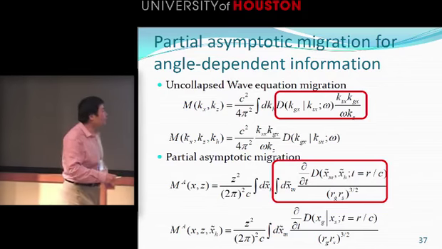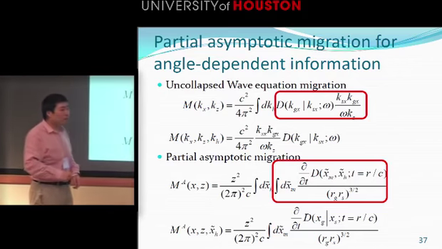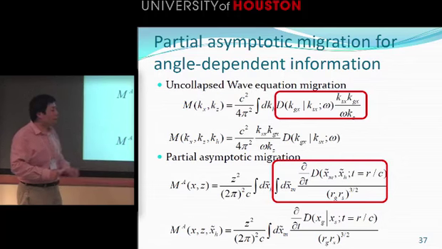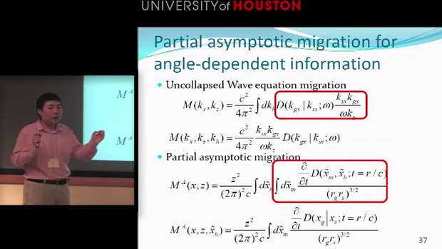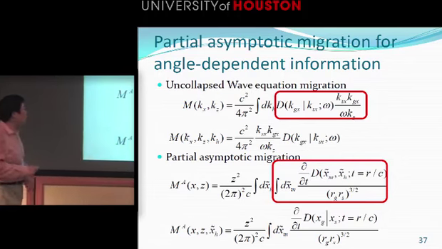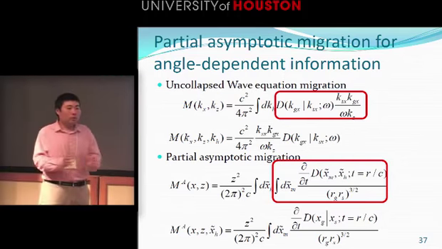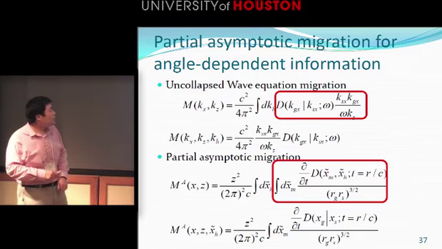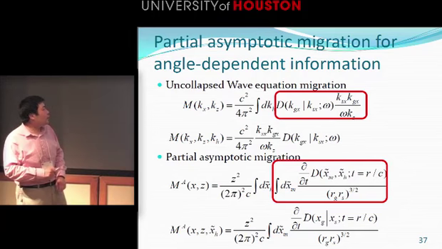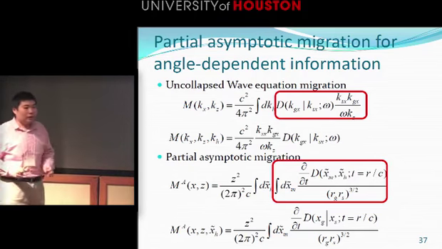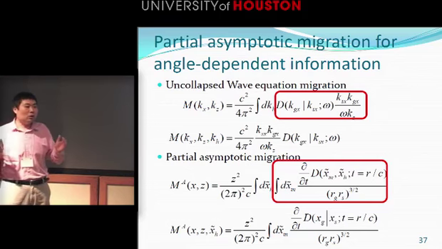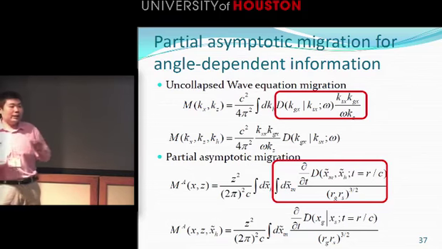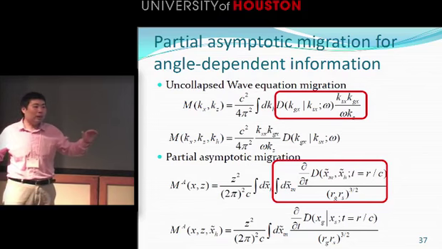For a fixed xh, the integrand is just the result of a single offset for the asymptotic migration, and we do this integral to combine all surface offset data to get the whole image. This is not as we did here. Here, for one case, we have the image result for all data. We do not need only part of the data.